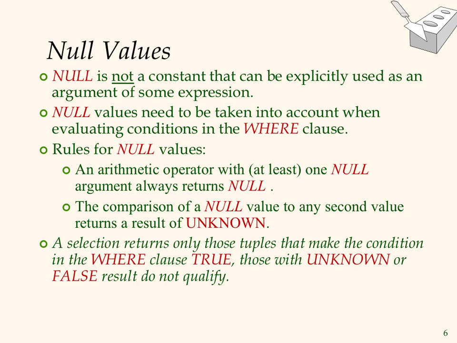So of course it doesn't return tuples where the where clause comes out false, but it's also the case that if the where clause comes out unknown, the tuples aren't returned. So if I say, for example, select star from all sailors where rating is greater than 8, if the rating is null for a sailor, that sailor will not be returned. So maybe then someone can have a little demo with that if it's not clear.